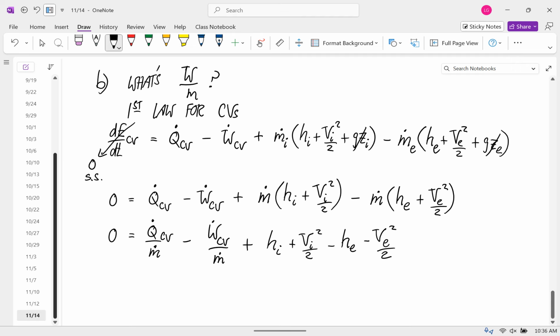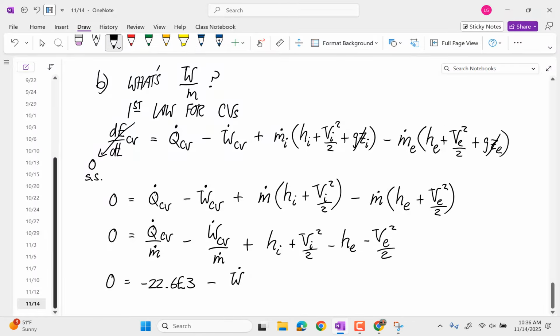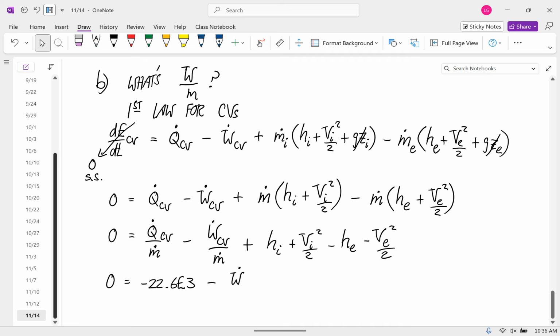And you're given this value. So that's negative 22.6 times 10 to the third minus W dot over m dot.